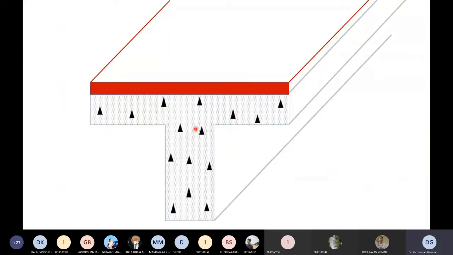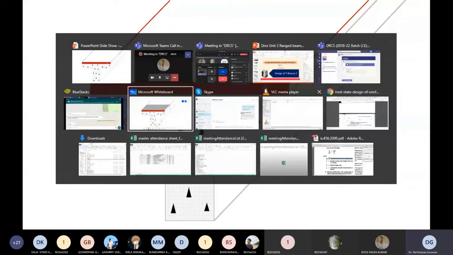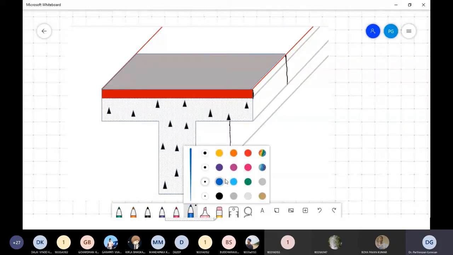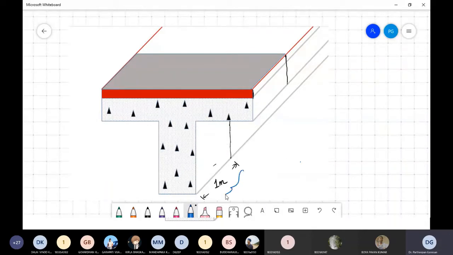For example, this is the 3D view. If you cut that beam, you have this rectangular section, this is a slab. On top of the slab, we have a floor finish. If you take this 1 meter length of the beam, this beam has to carry some live load.